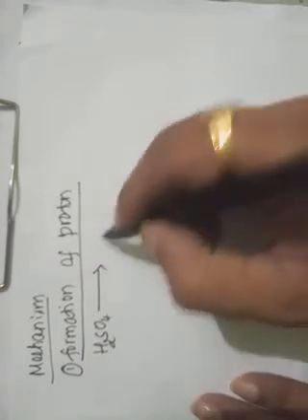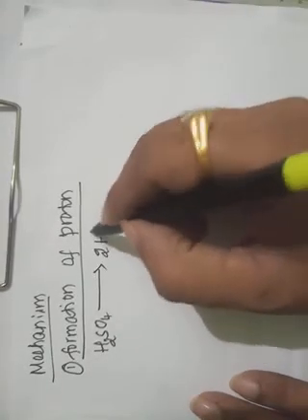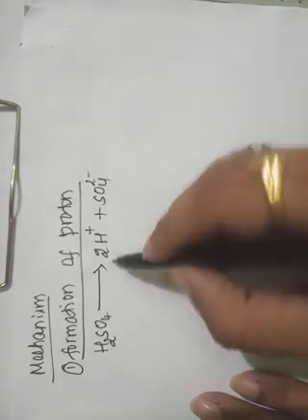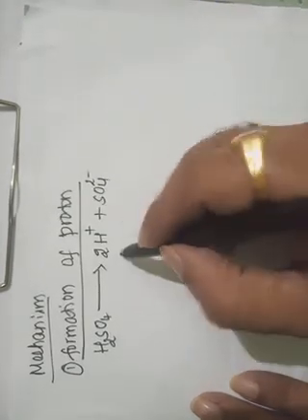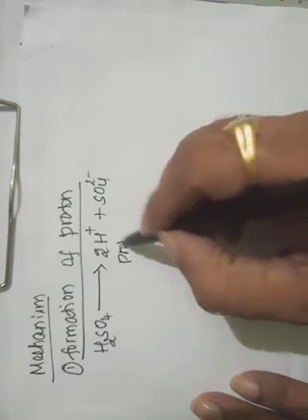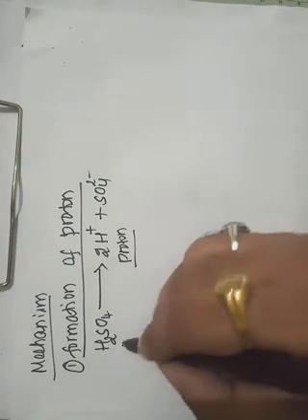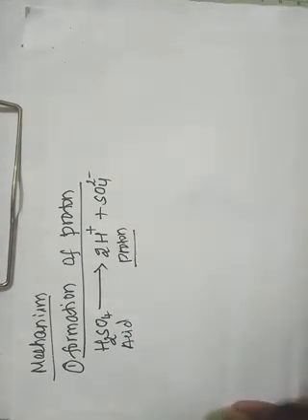In this step, if you have taken sulfuric acid as the acid medium, then the sulfuric acid undergoes dissociation to form the protons. So the sulfuric acid dissociates into H plus and SO4 2 minus ions. So the protons are formed. This is the first step.